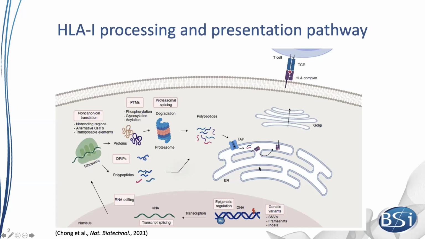And so, as we've heard, a lot of the antigens that are being displayed aren't just from your typical protein coding genes, and therefore they may not be identified in a standard database search such as Uniprot.